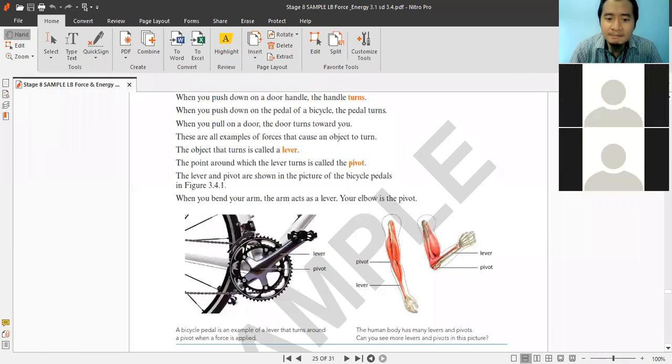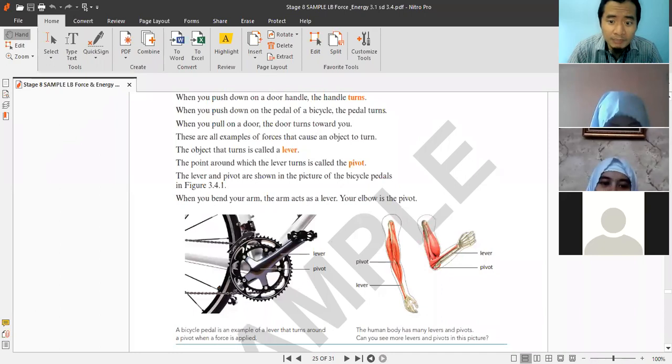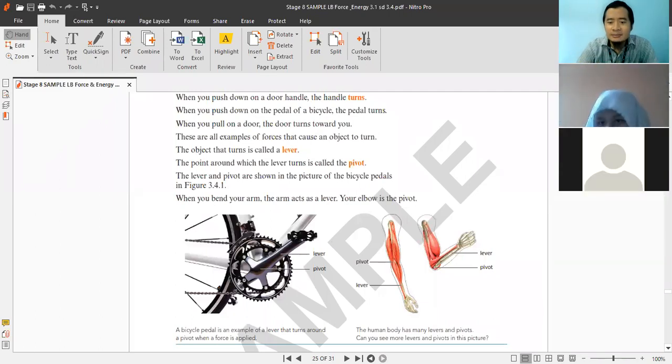This is the illustration of our bicycle pedals showing the lever and also the pivot, and maybe our hand. There will be a pivot or lever when we do some activities. So this is the handle turns.